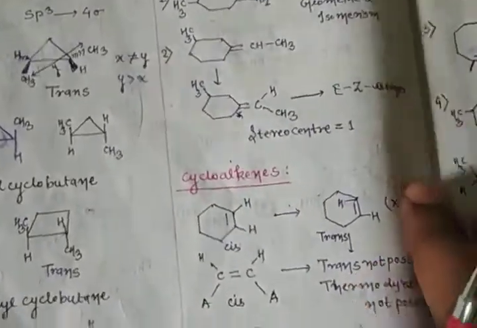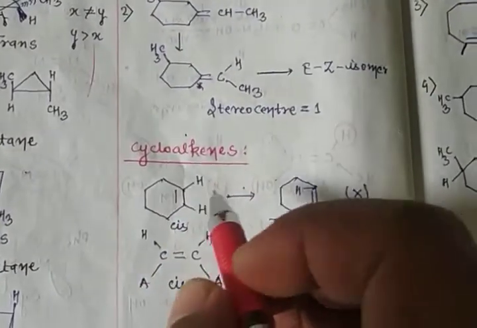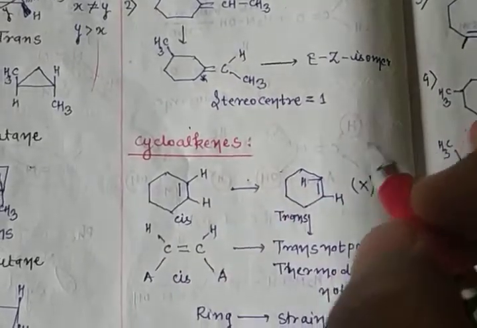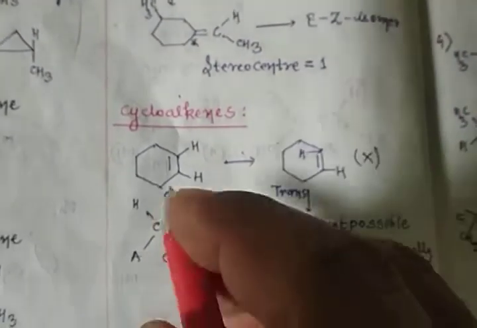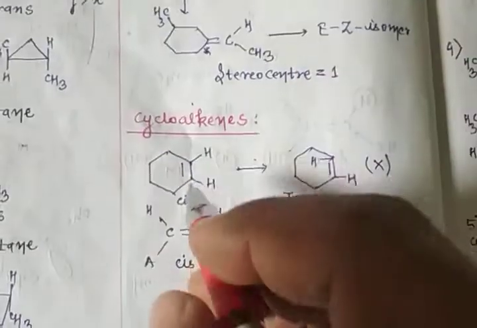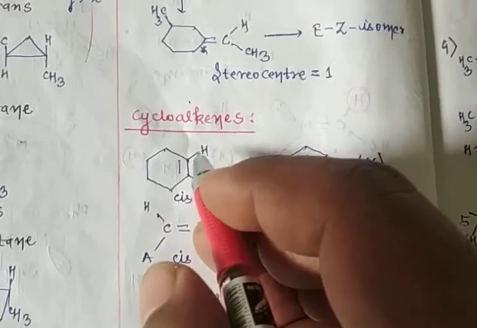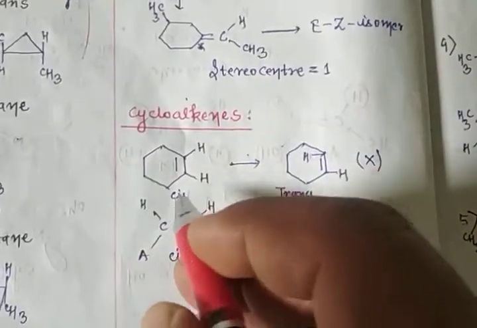Okay. Now in the case of cycloalkenes, this is a part of cycloalkane. Now cycloalkene is there. So just check. You know very well that for a double bond, pi bond, restricted rotation is there. Suppose you have a carbon double bond, one side is hydrogen, the same group is there and on the same side. It means cis.